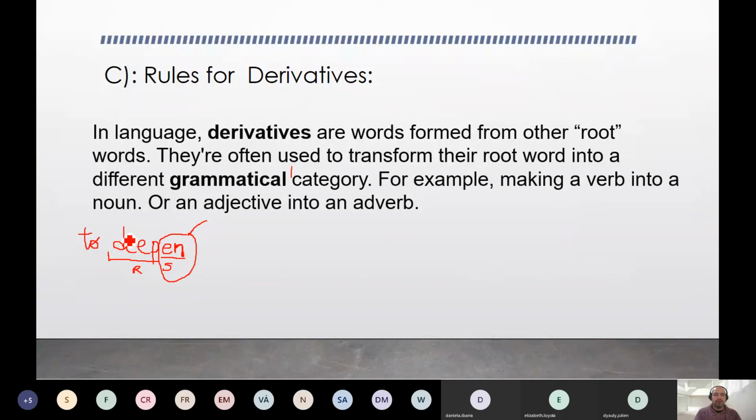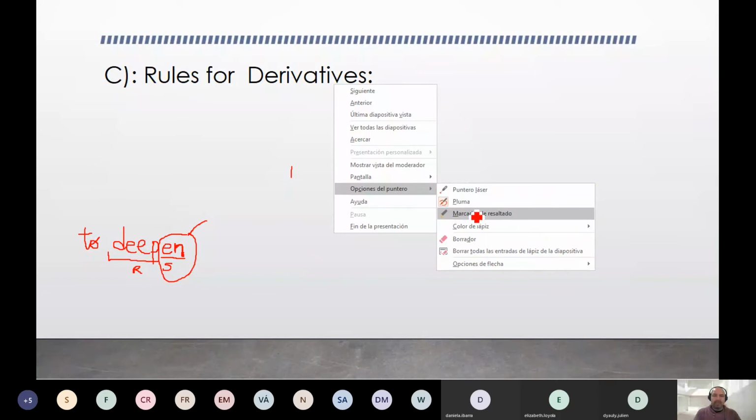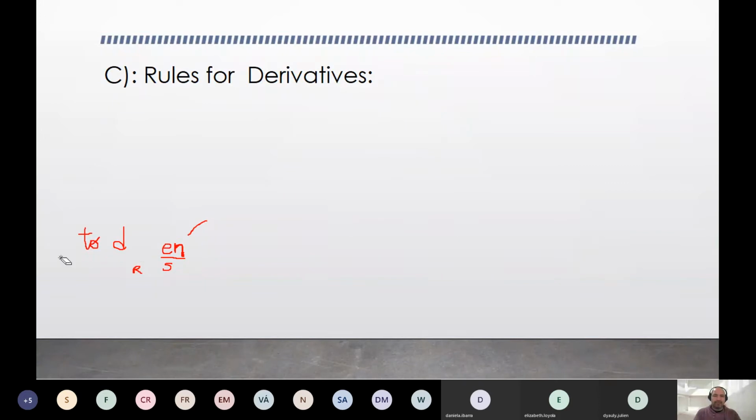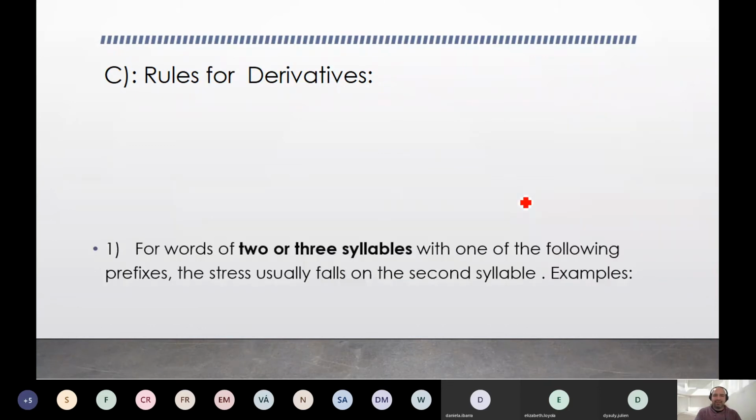So that's why it's interesting to know a little bit about these rules from the point of view of pronunciation. By the way, I don't have anything against grammar classes, okay? But this is not a grammar class.